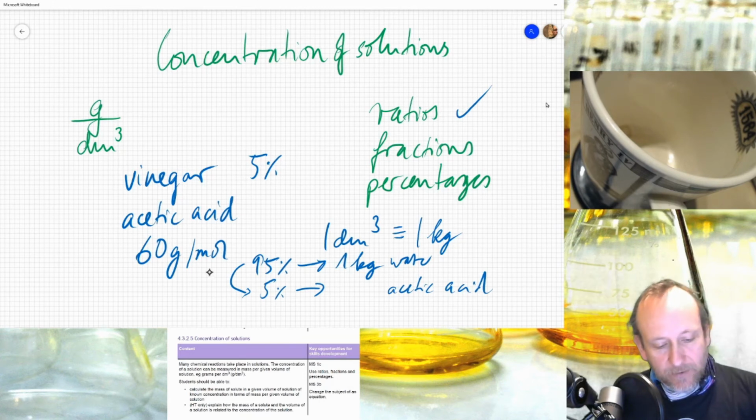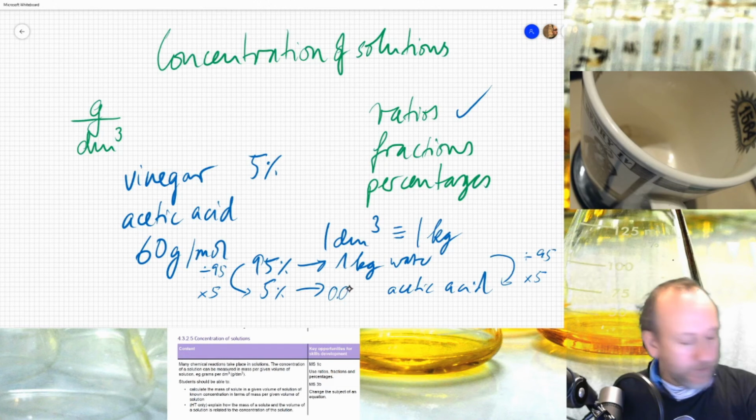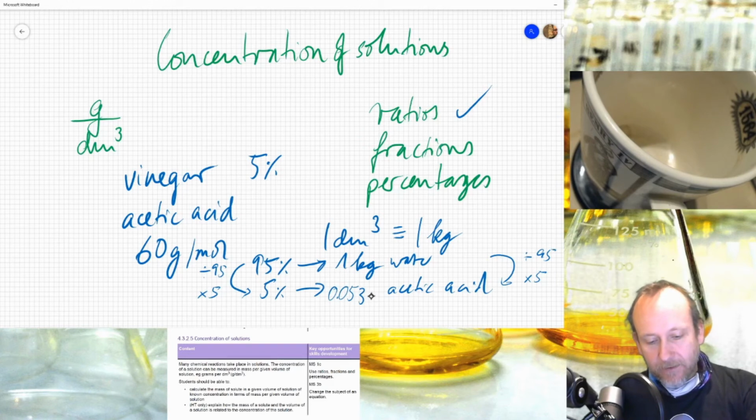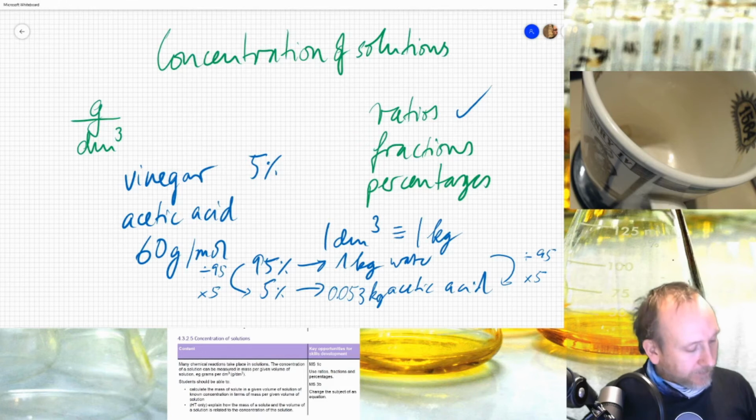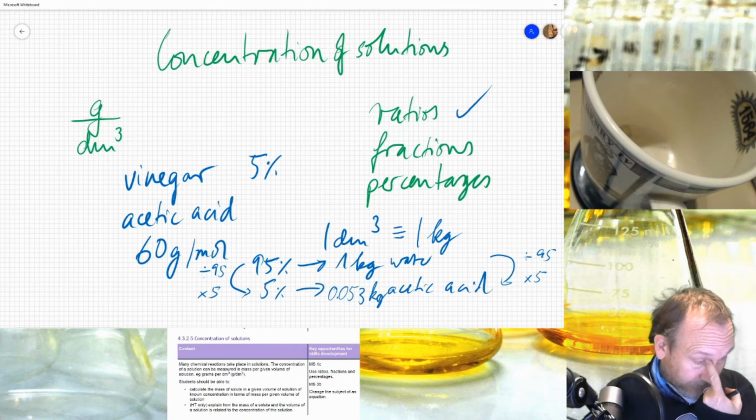If I divide by 95 and then times it by 5, that gives me 0.053, rounded after that number, kilograms. If I times that by 1,000, that will be in grams, and it's about 53 grams.